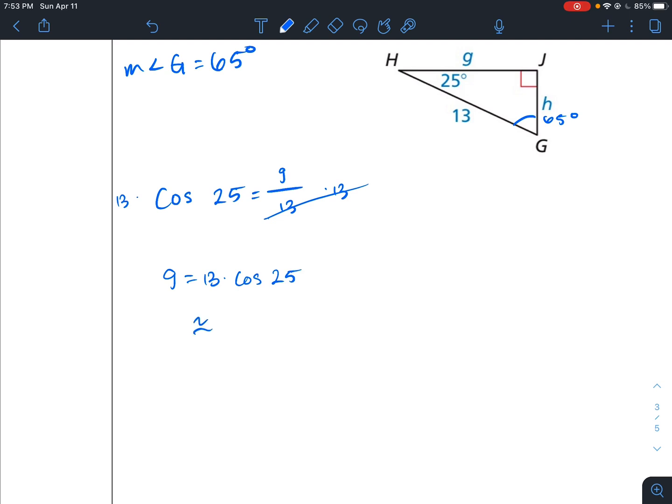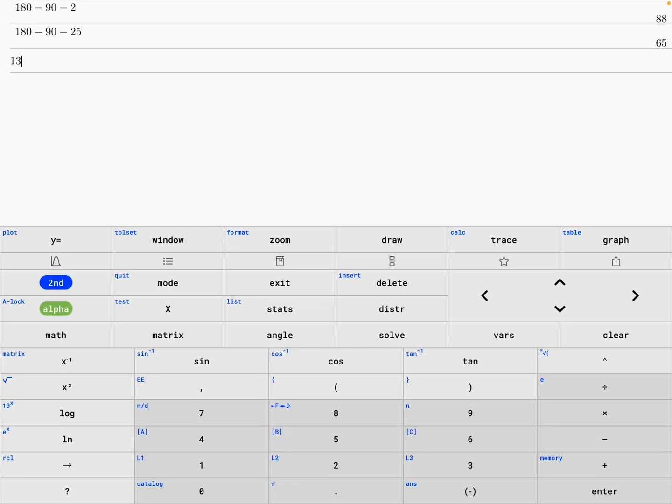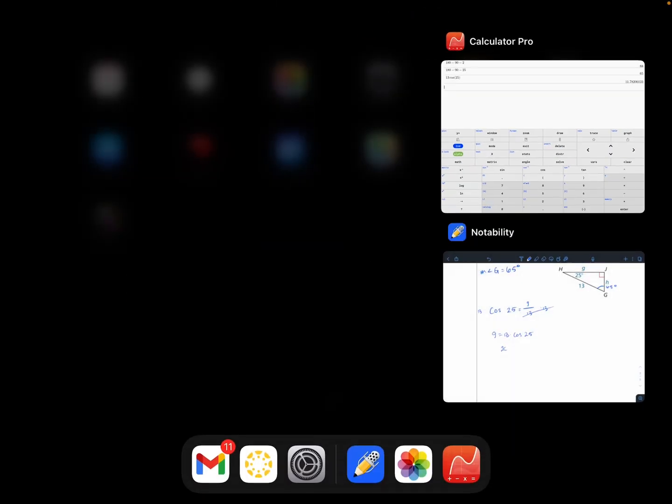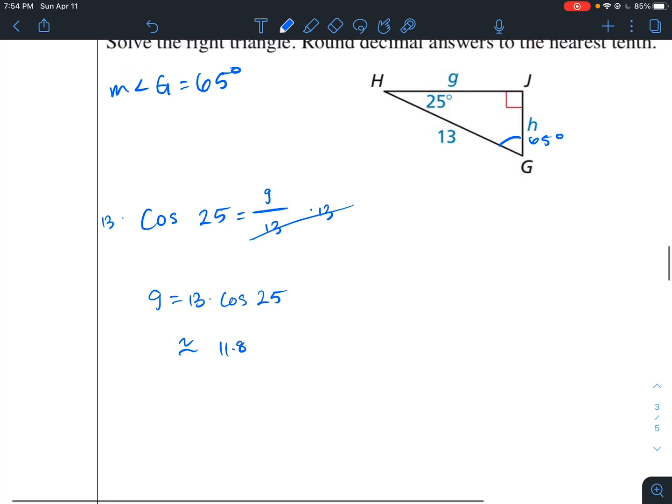I'm pretty sure you guys are familiar with this, but if you are following along with your own calculator, you should be able to get this. I guess I can go ahead and show it. We have time, so I can do 13 cosine of 25, and I get 11.8. So that is the side length here.